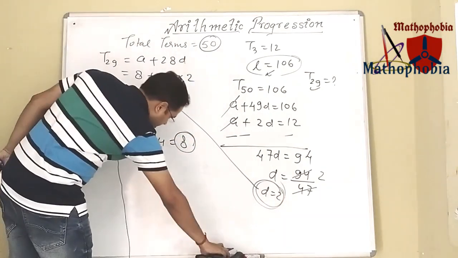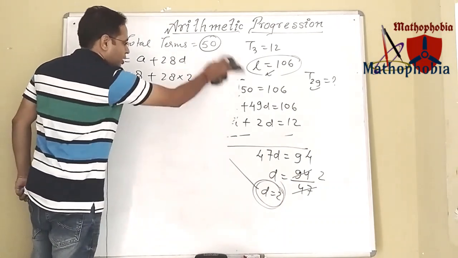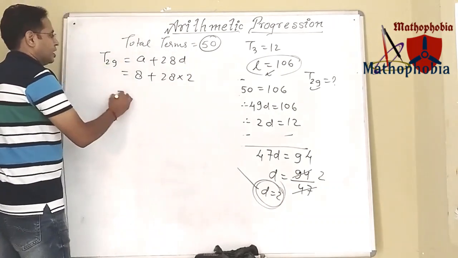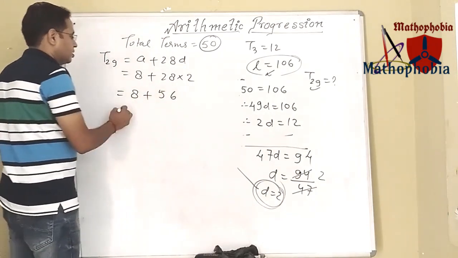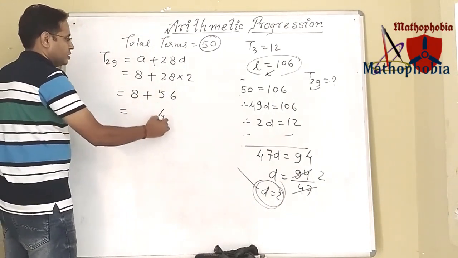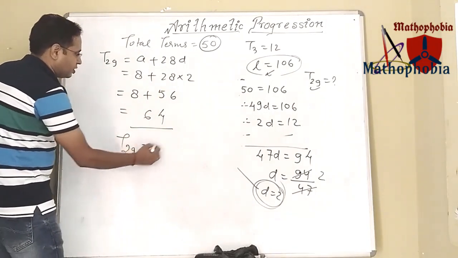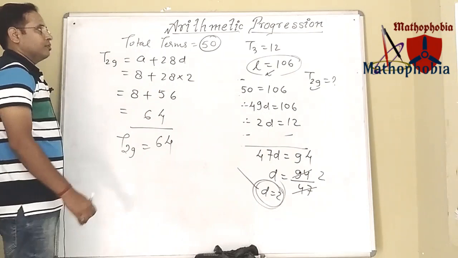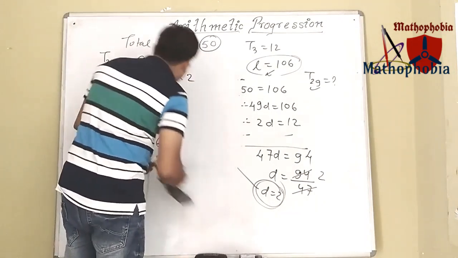We'll put here to get the value of T29. Let's see how to do this one. So 8 plus 56, so we get 64. Therefore, the 29th term of this AP is 64. Okay? I hope you have understood. Let's move on to the next question.